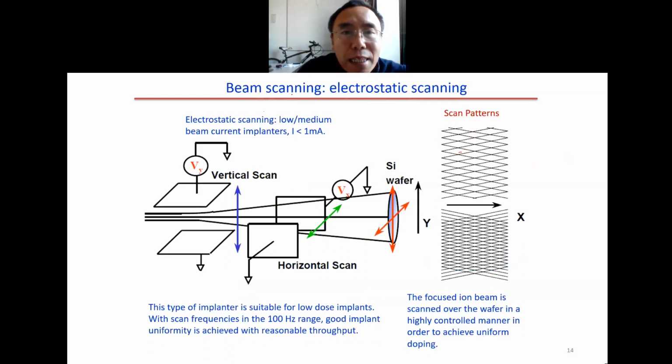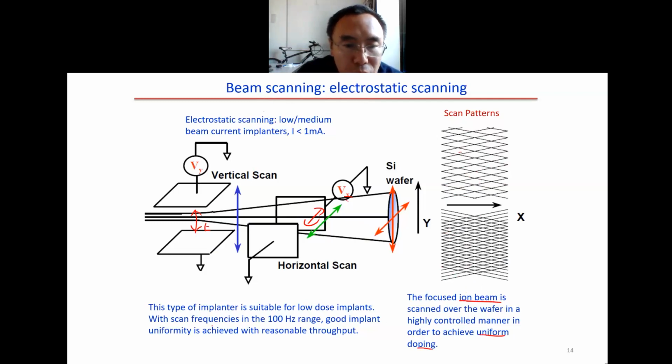So this is the beam scanning, electrostatic scanning. Here we have the field in the y direction, and we also have the field along the x direction. When we scan the field like this, the ion beam will scan on the wafer surface like this. So in the end, we get uniform doping across the wafer.